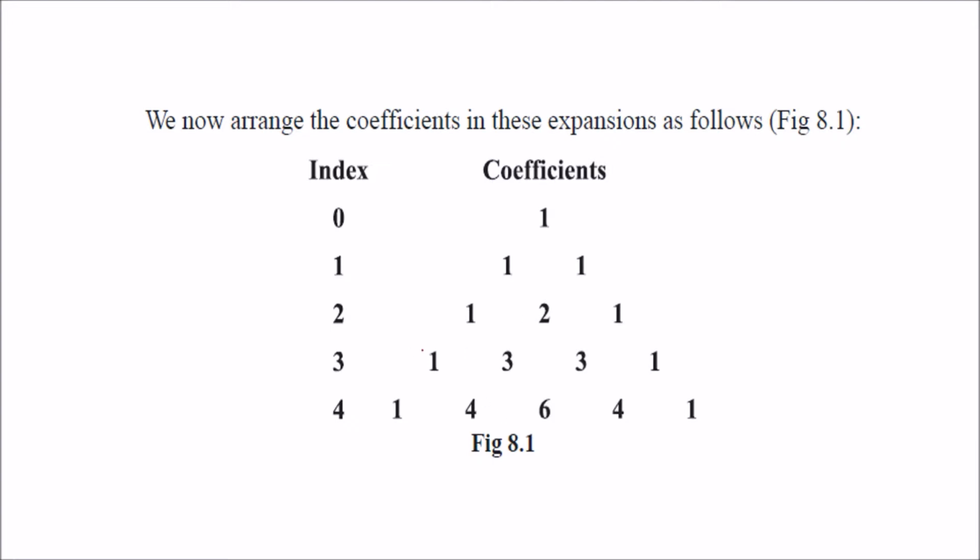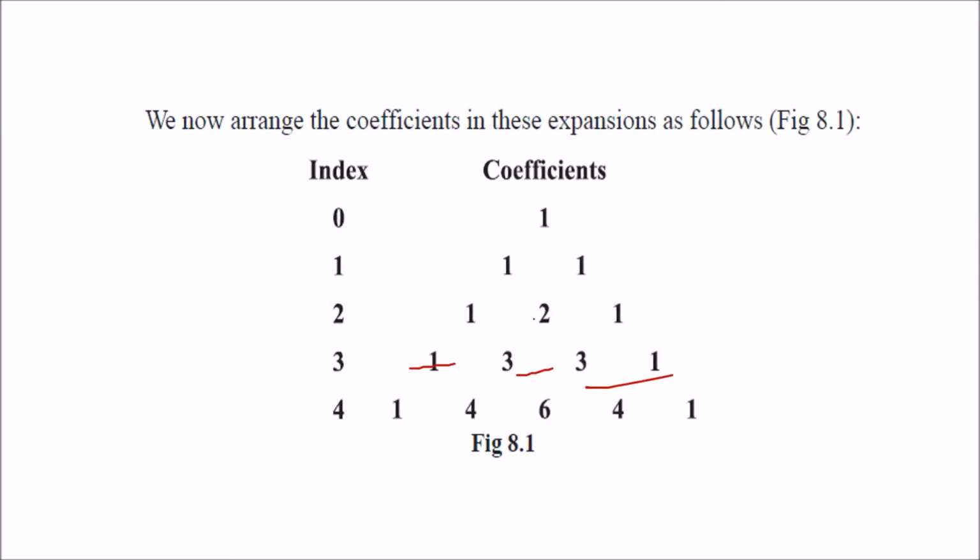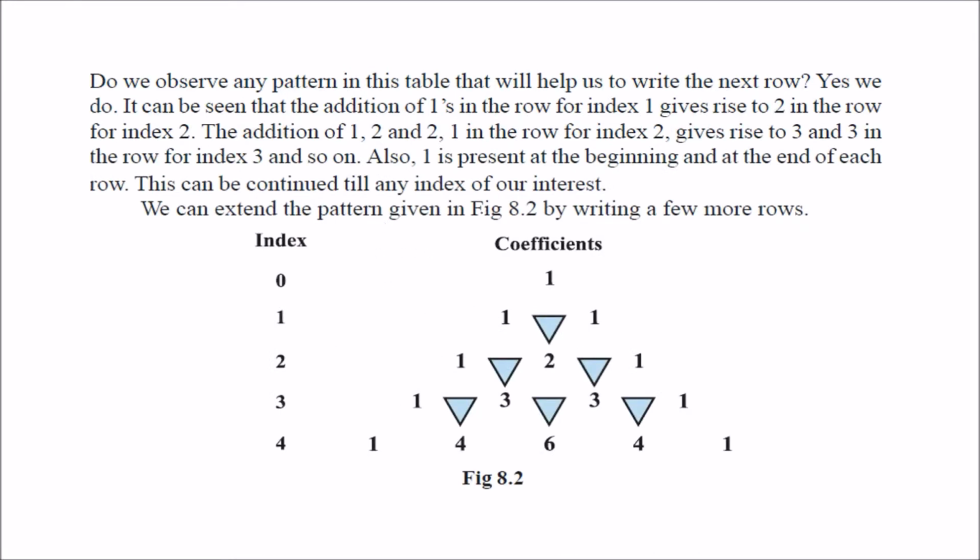We have taken this 1 3 3 1 from here. Similarly, 1 4 6 4 1. If you observe, this is called a Pascal triangle.